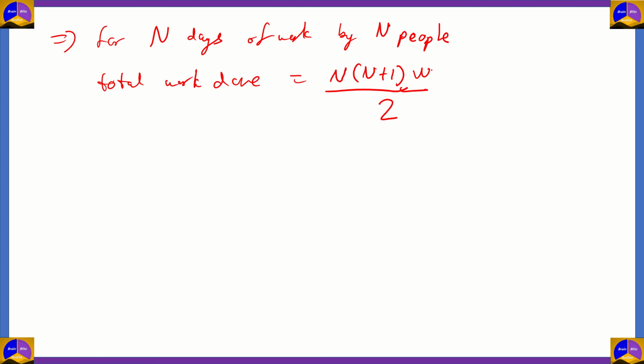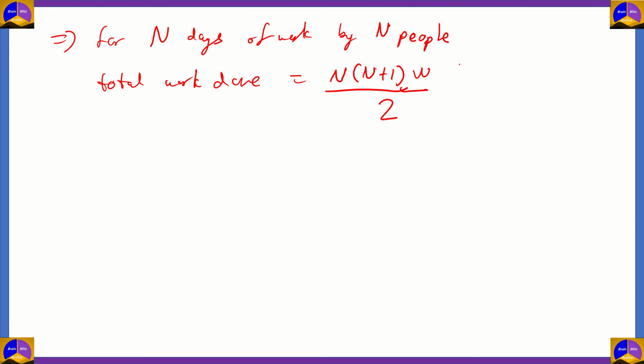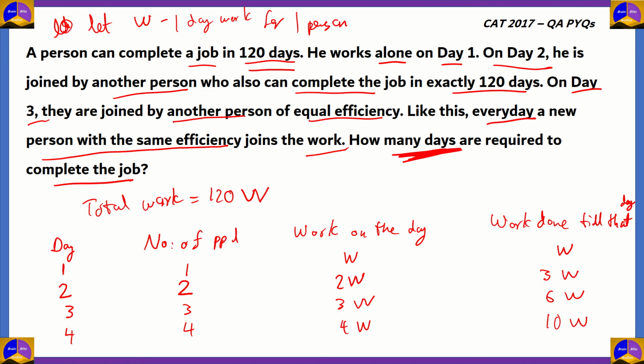Okay, so n times n plus 1 over 2. So let's look at the third day. Now, the third day, the total work done for that day would be 3 times 4 times W over 2, which is 12W over 2, which is 6W. So this can be proved by looking at the table.